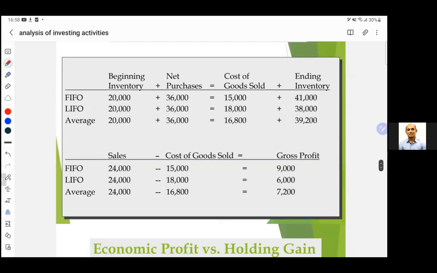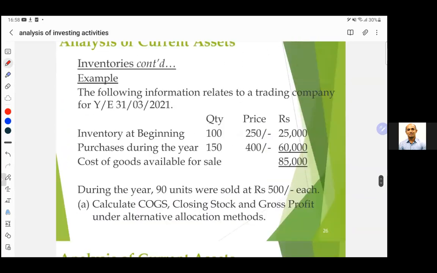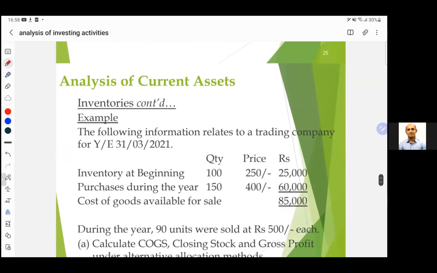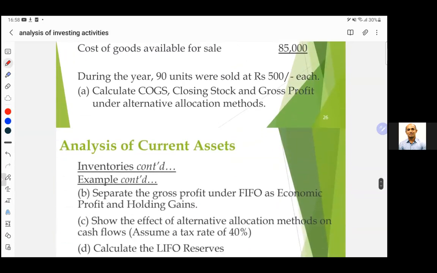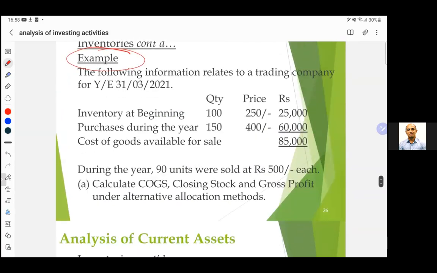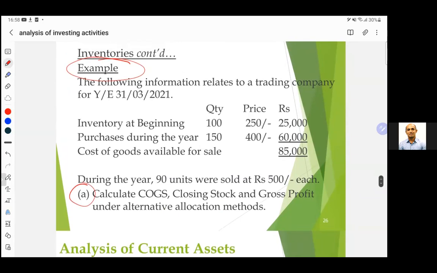Right. Before coming to the next class, you should work on this example and find the answer for question A. Question A is to calculate cost of goods sold, closing stock and gross profit value under alternative cost allocation methods.